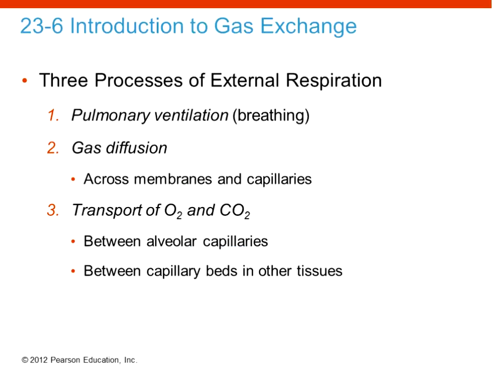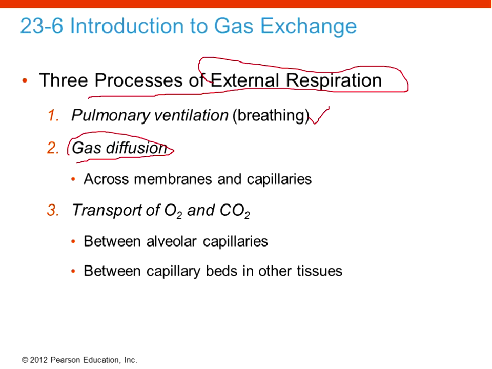All right. So as I said, external respiration is the first big part of this, and can be broken down into three important components. This is important to know. The three processes of external respiration are breathing, which we also refer to as pulmonary ventilation; the diffusion of that gas once it arrives at the alveoli across the membrane and capillary; and then the actual transport of that oxygen and CO2 between the alveolar capillaries and the target.